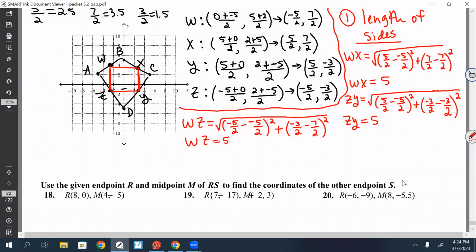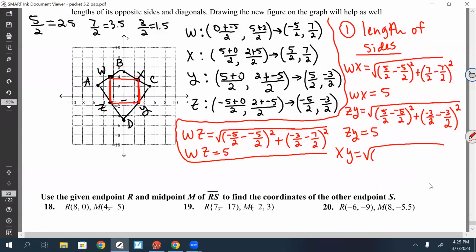And then now we have to also go and calculate XY. So I'm going to move down here. I'm going to need a little bit more room. So XY, so find the length of XY. And again, for XY, now we do 5/2.